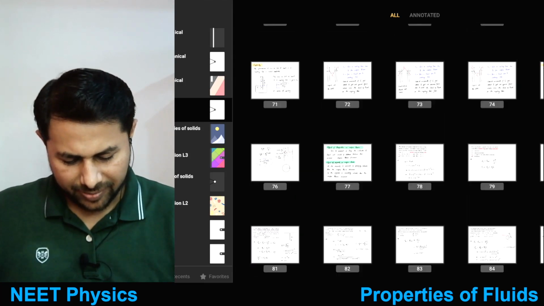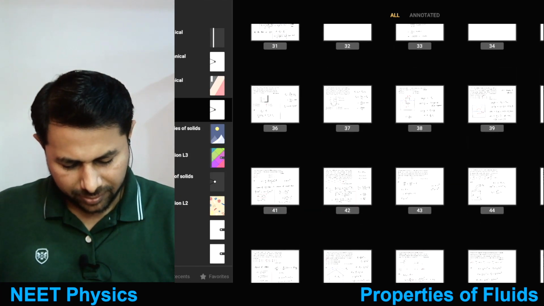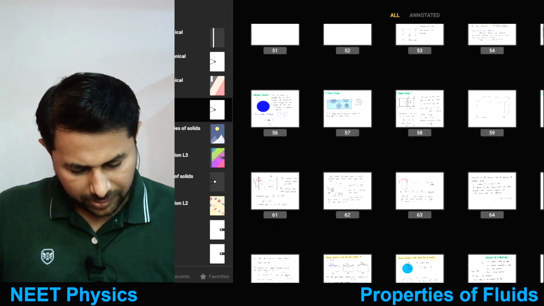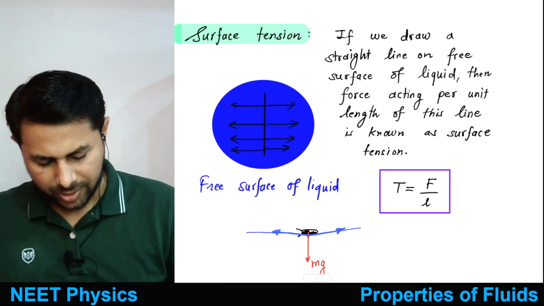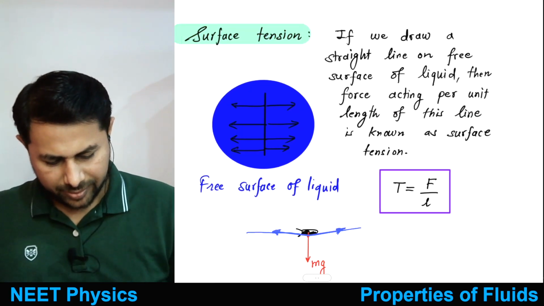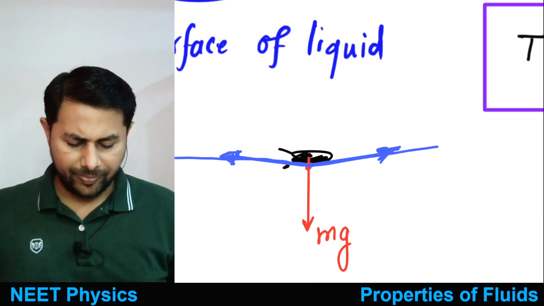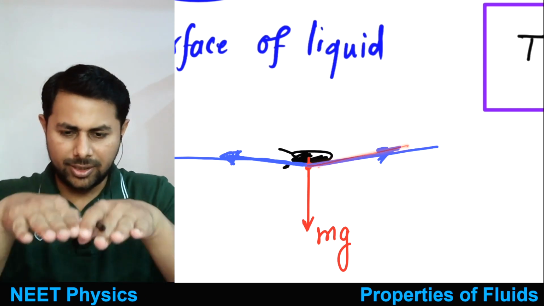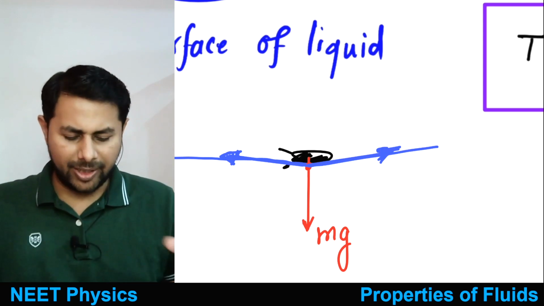See here, this is an insect walking on the surface of water. The free surface of water is like a stretched membrane.